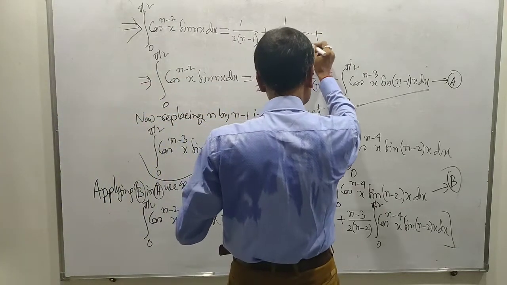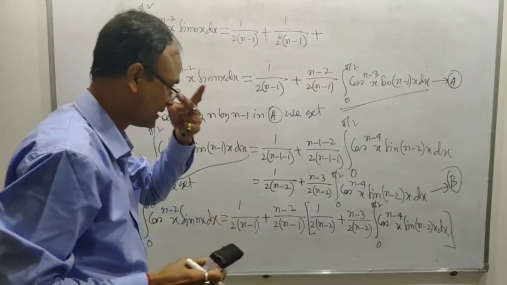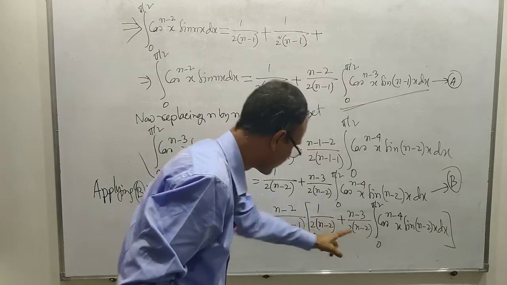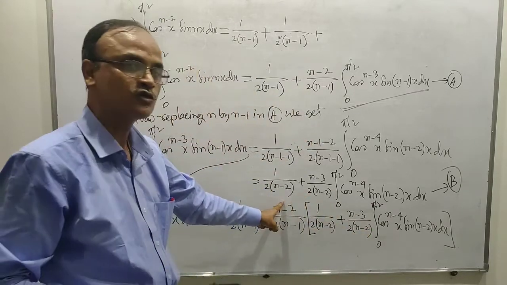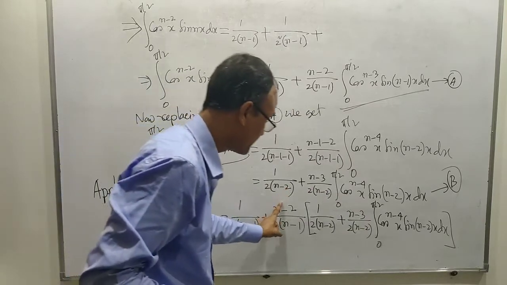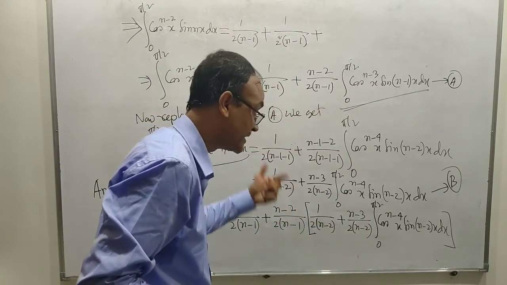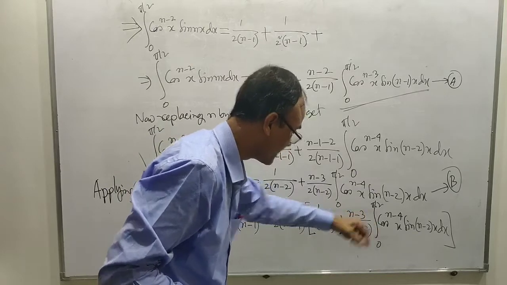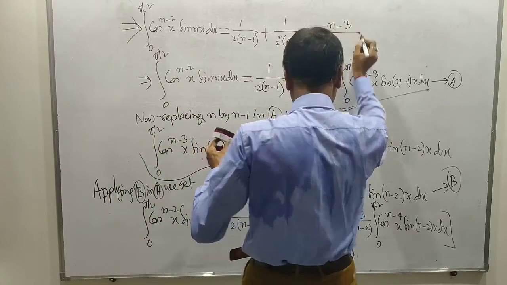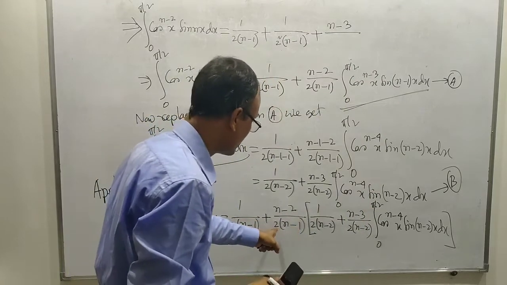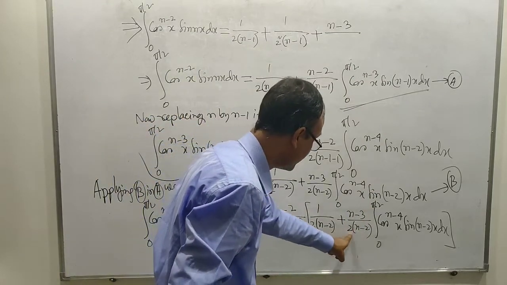Plus, this into this. Here also this n minus 2 will be cancelled. In the numerator you will get n minus 3. In the denominator, you will get 2 into (n minus 1) into 2.